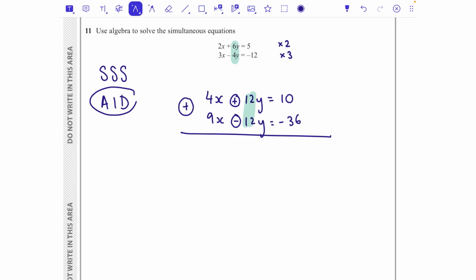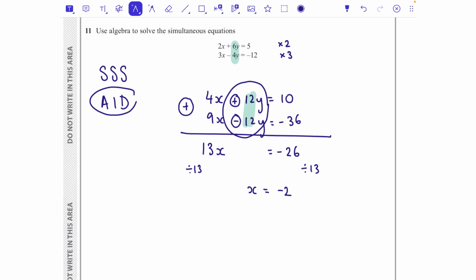So 4x add 9x is 13x, and 10 add minus 36 is minus 26. And when we've added these, they've cancelled each other out, so that term is gone. Okay, so 13x is minus 26. Divide both sides by 13. And x equals minus 2.